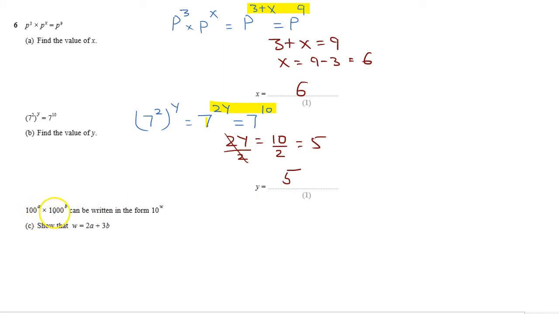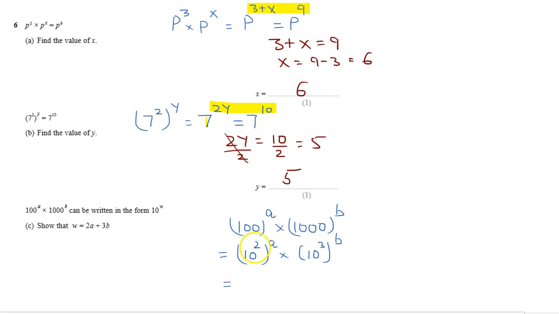Now 100 to the power a multiplied by 1000 to the power b. Now 100 is 10 to the power 2, all to the power a. In the same way, 1000 is 10 to the power 3, all to the power b.